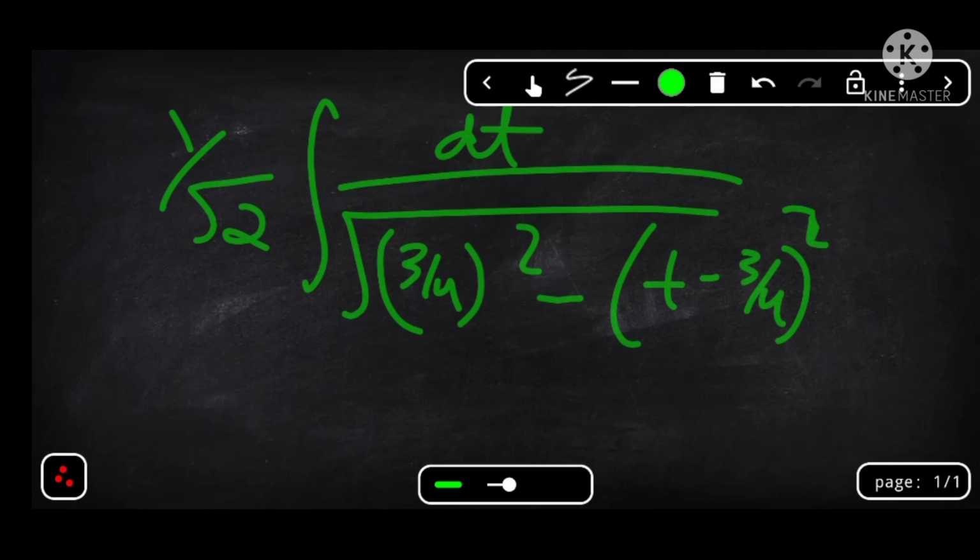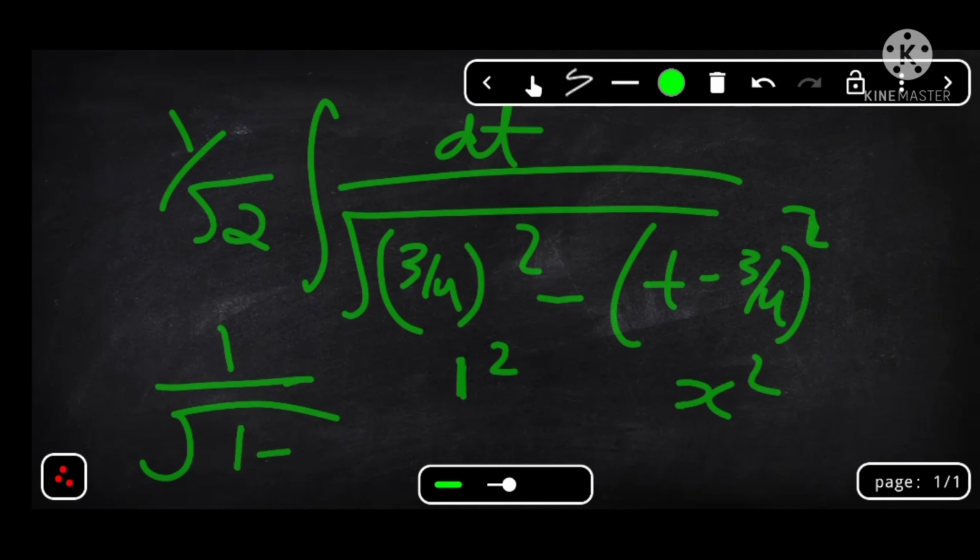Now if you see, this is like 1 by root 1 minus x square, right? If I am taking this as a constant, this is 1, this is x square, okay, 1 square and 1 both are same, right? So 1 by root 1 minus x square is the formula of sine inverse of x, right?